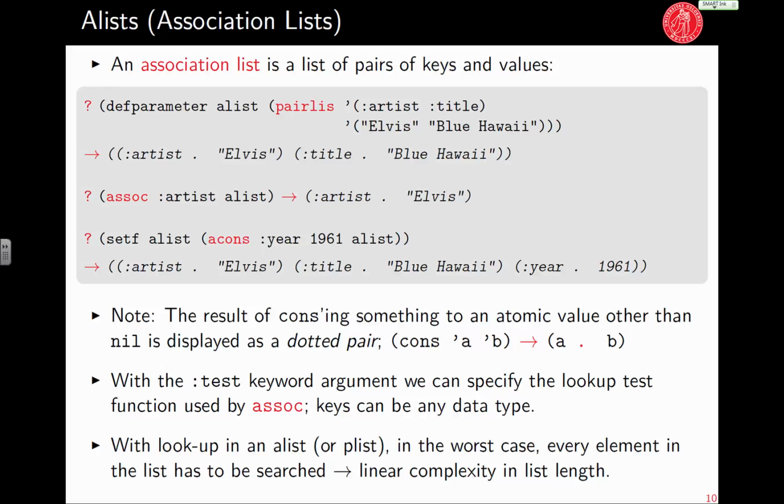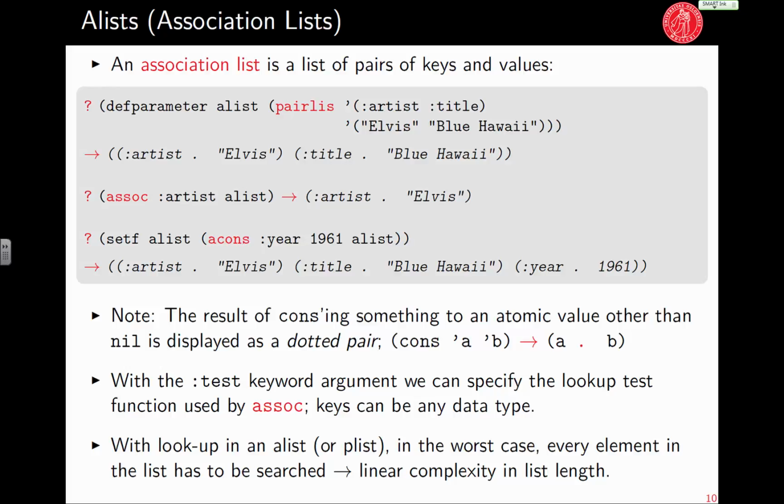It also means that I can use an A-list for bidirectional lookup. I can look up by the first values, what I called the keys here, but I can also look up by the second value. There's a variant of assoc called rassoc, reverse assoc.